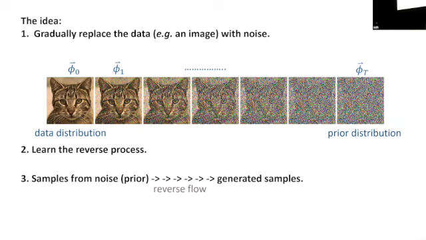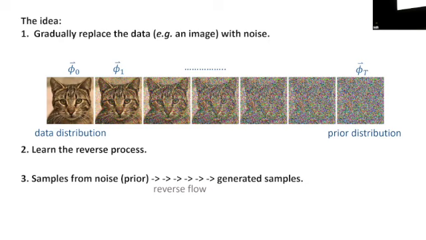It's just a quick recap. The first step is that we gradually replace, for instance, an image, which I denote phi 0, meaning time 0, with noise. At the final time step, big T, which I will call time T equals 1, it has just become white noise. If you do this for all data points in your data set, what you get is a map of distributions, from the left-hand side data distribution to the right-hand side, just some featureless Gaussian distribution.